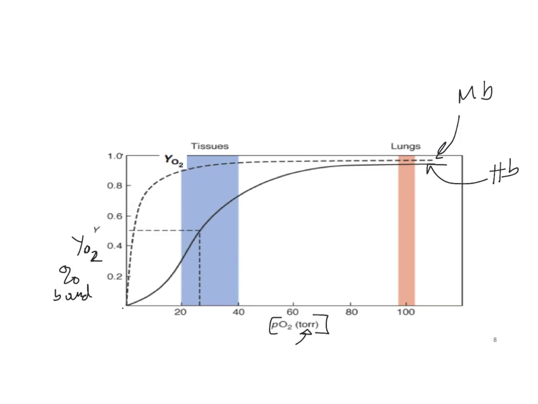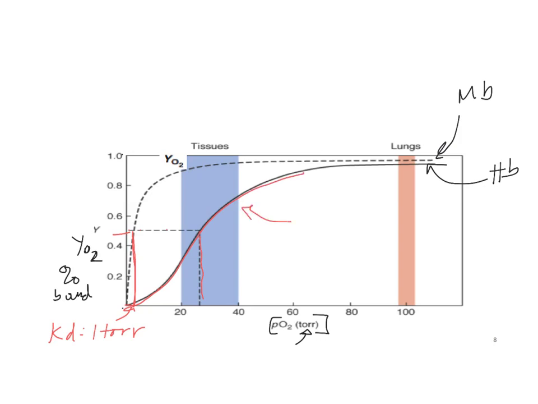Okay, so when I look at this, I can see that myoglobin has a KD of, that's really close to, let's say 1 torr. And hemoglobin here, it doesn't quite work out the same when the graph is not hyperbolic, so you can see that there's an S shape here.